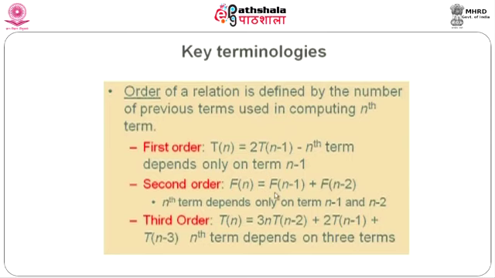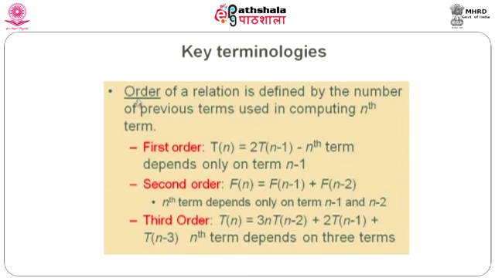On the other hand, in the Fibonacci series, 2 terms are used for computing the present term, therefore it is a second order equation. Suppose 3 terms are used in the equation, then it becomes a third order equation. In other words, the order is very important, and based on that the methods are formulated.